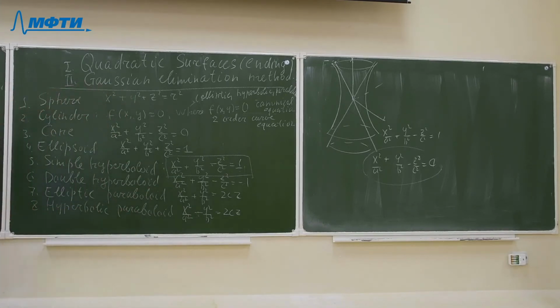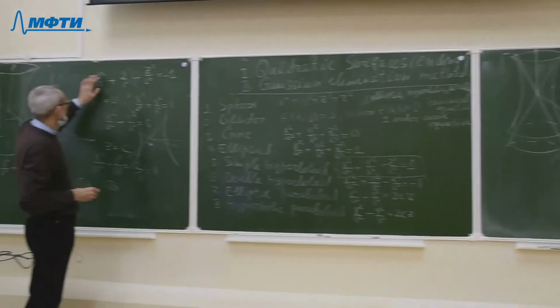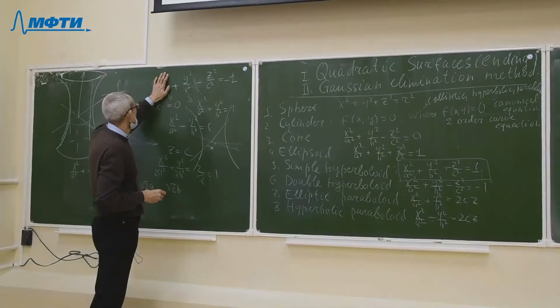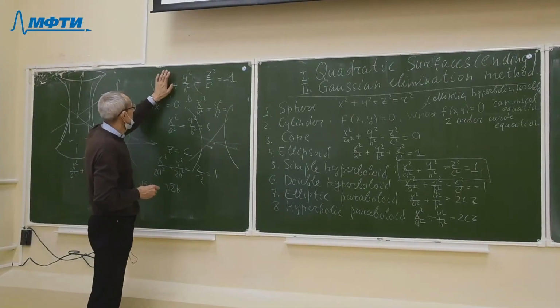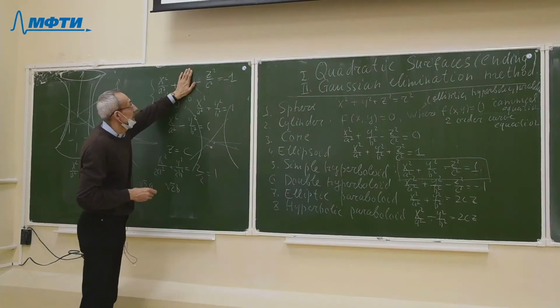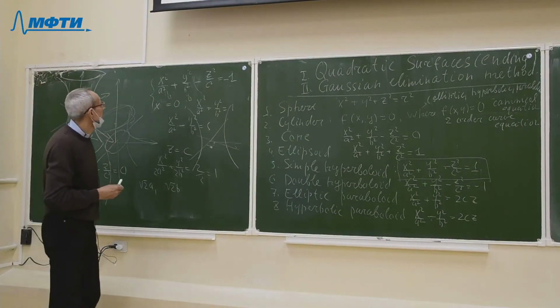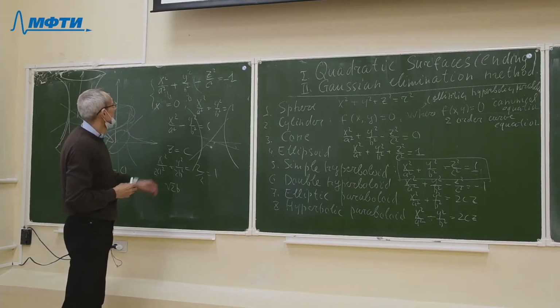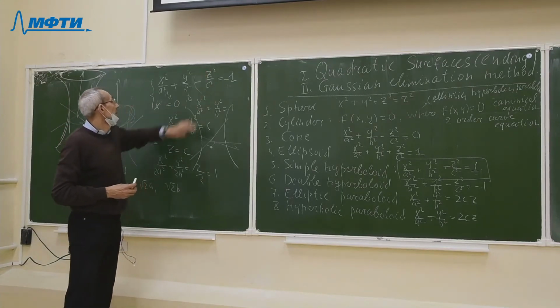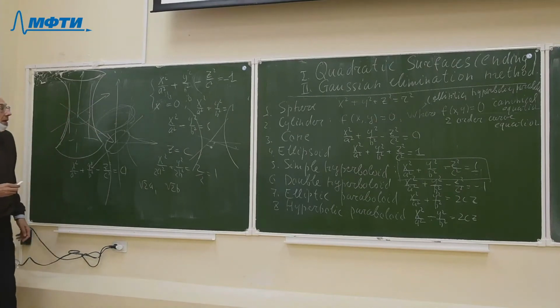If we change the sign, what do we obtain? If we put the first coordinate equal to 0, or the second coordinate equal to 0, we obtain hyperbolas. But if we put the third coordinate, we obtain an imaginary ellipse or empty set.